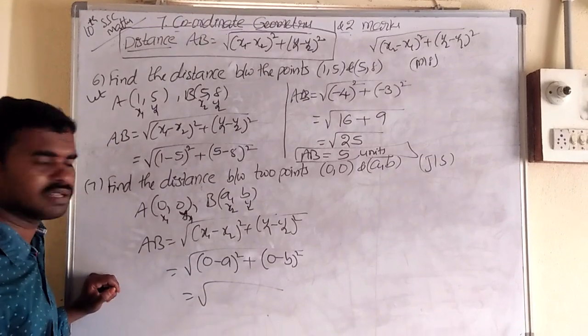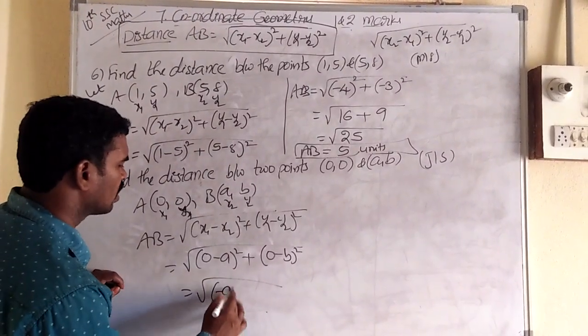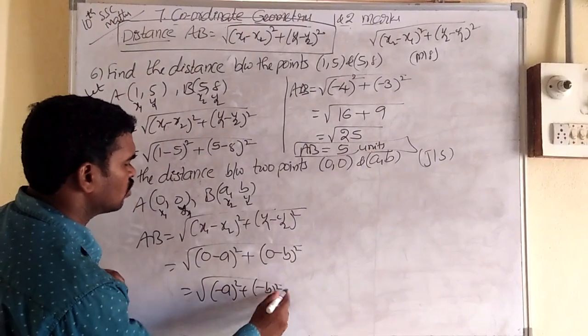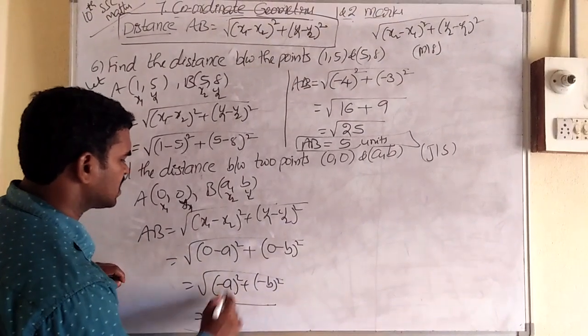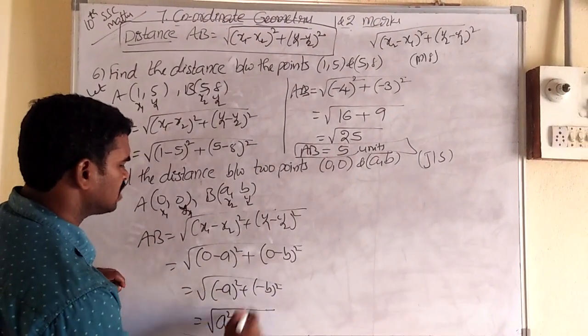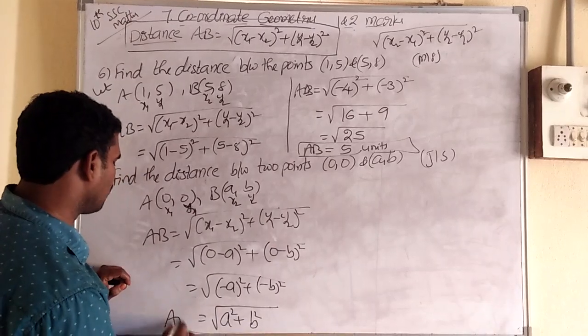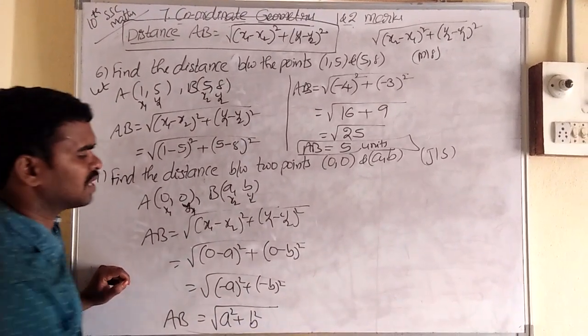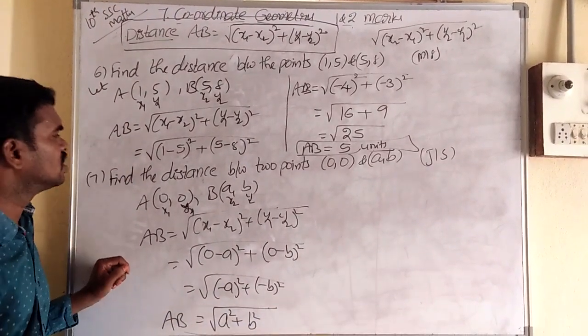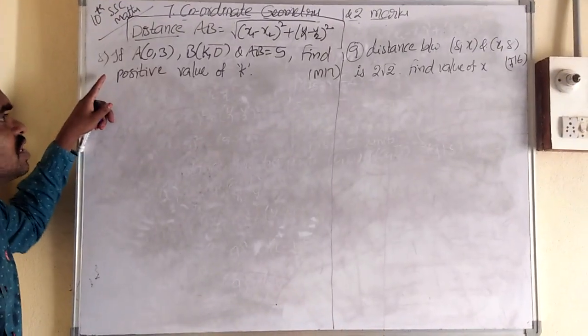So 0 minus A means minus A whole square plus minus B whole square. So root of minus A whole square means A square, minus B whole square means B square. So here what is distance? Root of A square plus B square. This is the solution.